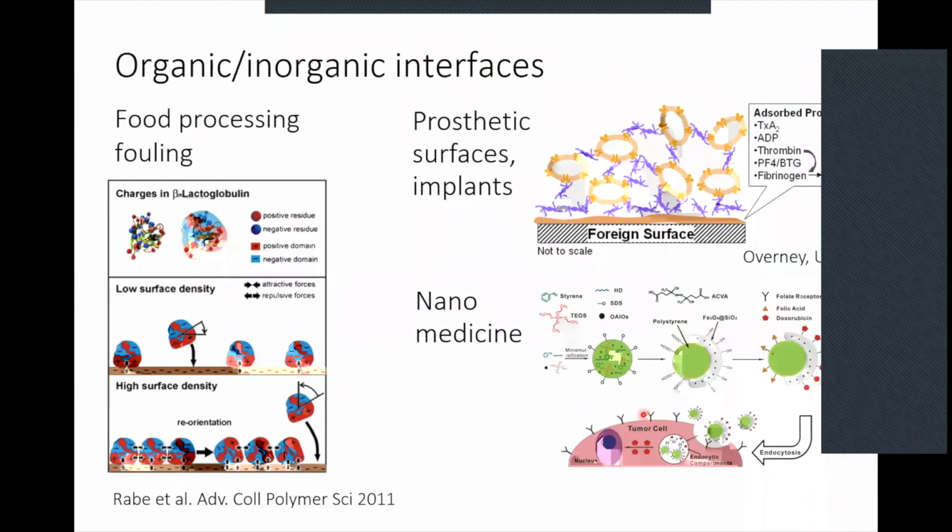My starting motivation is as follows. If I try to define why the bionano interface is important, I can mention several situations. I can talk about processing of biological fluids like milk or blood, where we certainly have a lot of interactions between the biological sample, biological entities, and the devices themselves.